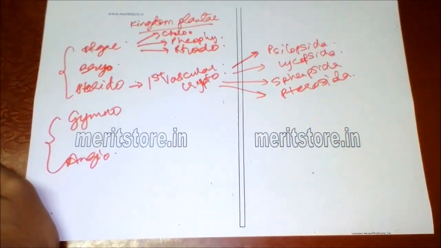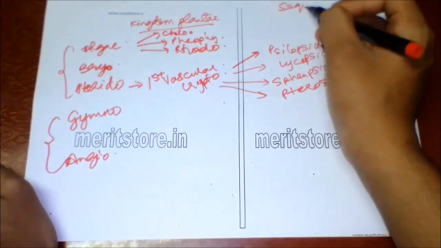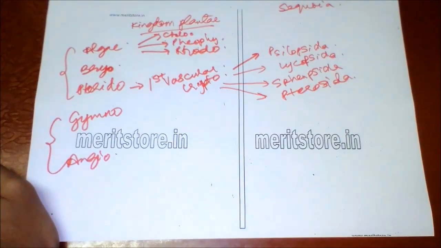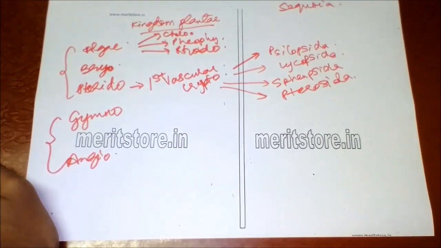Then comes the gymnosperm. The giant redwood tree, which is Sequoia, is the tallest tree species and is mostly asked. So remember this name: Sequoia is the tallest tree species. And gymnosperms form mycorrhizae with Pinus, while Cycas forms coralloid roots.